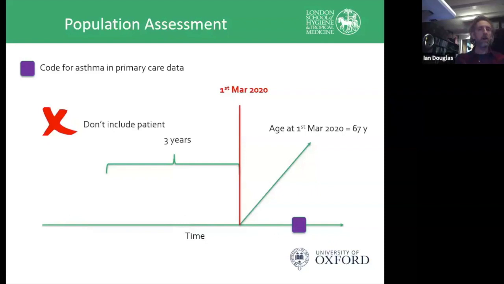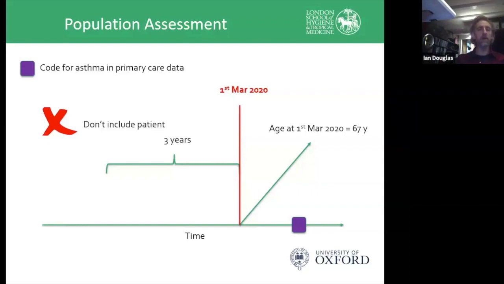If we'd have seen a record like this, so a person with no record of asthma before the 1st of March 2020, but a later record for asthma, this wouldn't get them included in the study because the record wasn't dated within our 3-year time window.